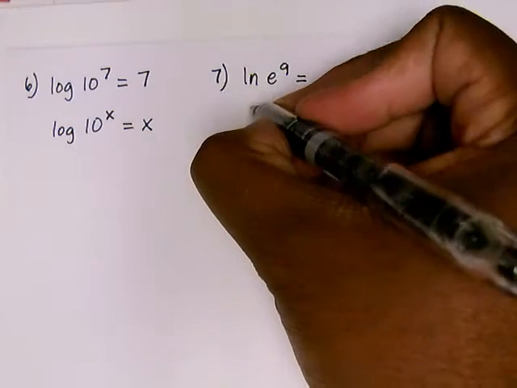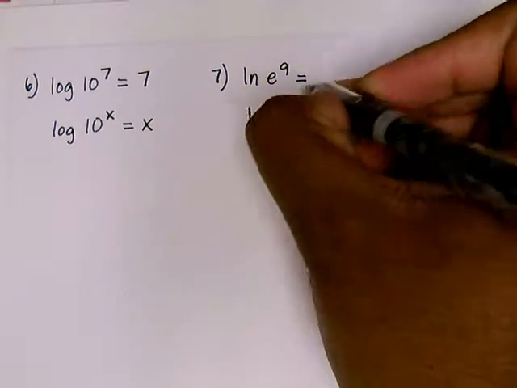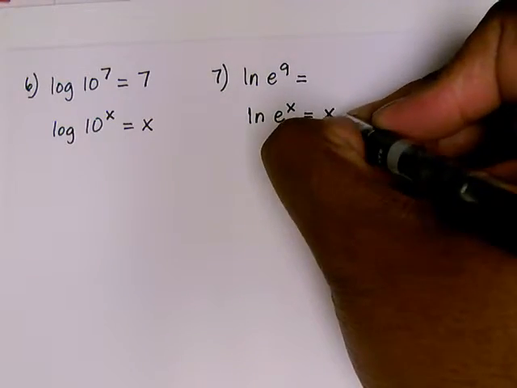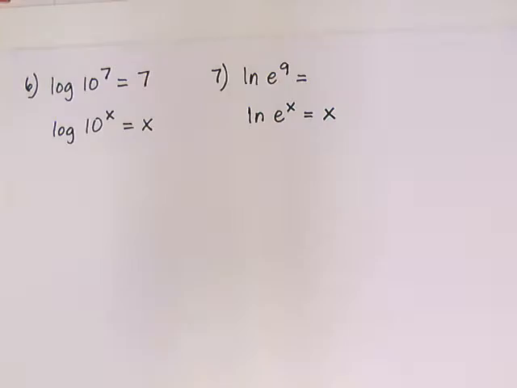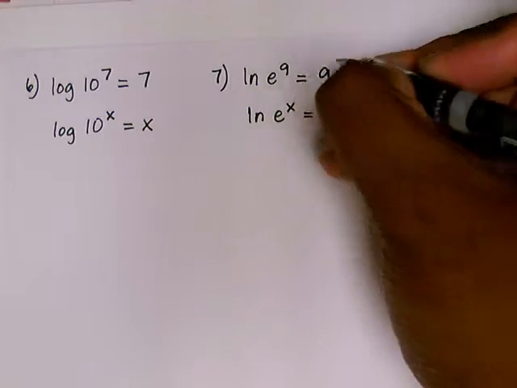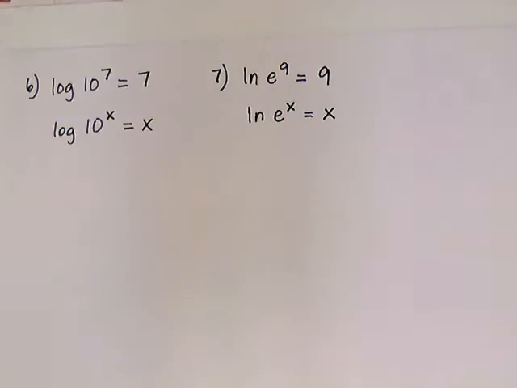Here, I'm using a property of natural logs where ln of e to whatever that exponent is, again, will be that exponent, because ln and e are inverses of each other. So ln of e to the 9th power would simply be 9, just applying that inverse property of natural logarithms.